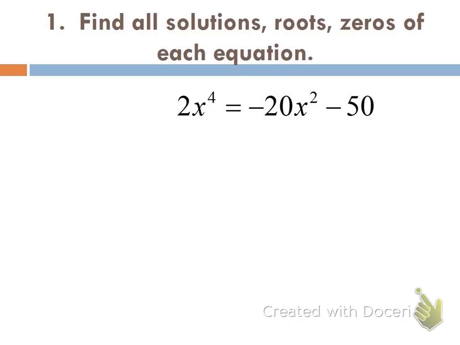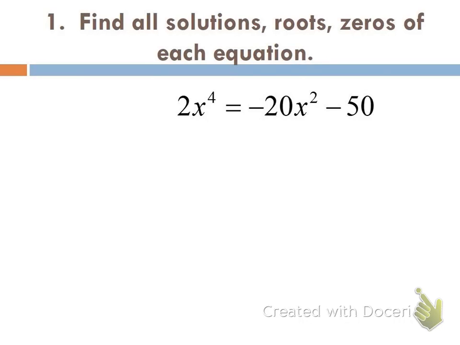Now, solving polynomial equations is the same thing as solving quadratic equations in that we're going to utilize what's called the zero product property. We talked about that before. Zero product property says if you're going to multiply stuff together and they have to equal zero, that means one of them has to be zero. To utilize that, our equation has to be equal to zero. So same thing here. We have to get our equation equal to zero in order to use that property, much like we did for quadratic equations.